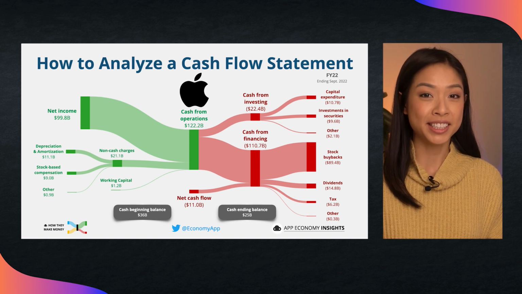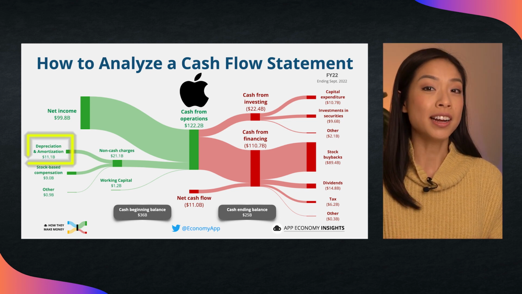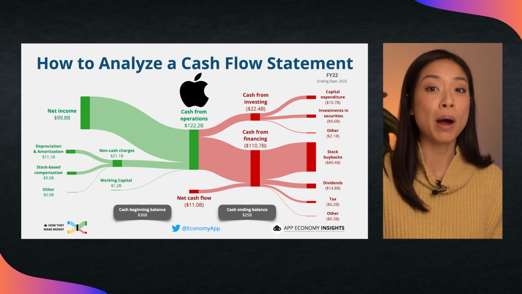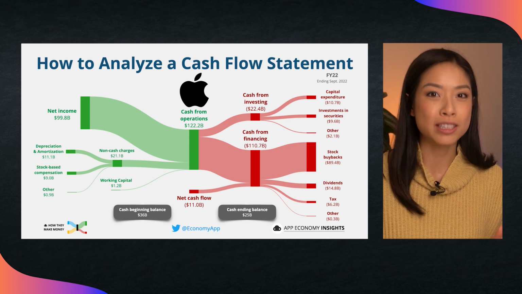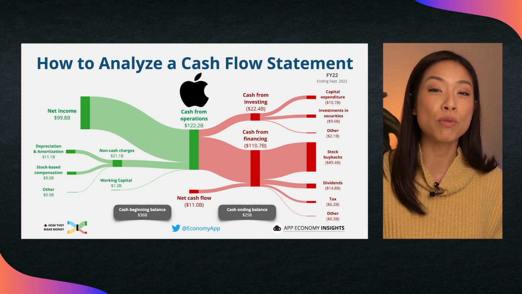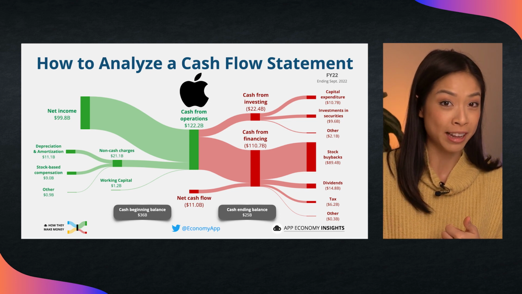Second is depreciation and amortization, which are non-cash expenses tied to long-term assets. These big-ticket items were bought previously, so the cash was already spent. As discussed in our balance sheet video, the value of long-term assets is gradually reduced over their useful life. Overall, when evaluating a company's profitability, it's important to focus on net income. But when evaluating its ability to meet financial obligations over time, the operating cash flow is a better indicator.